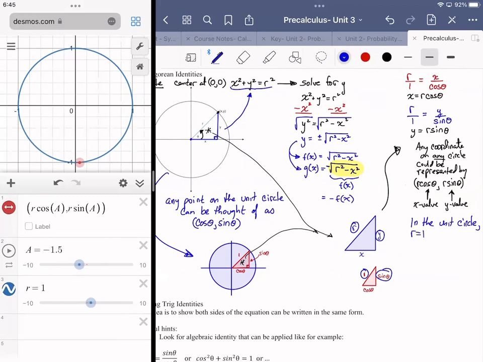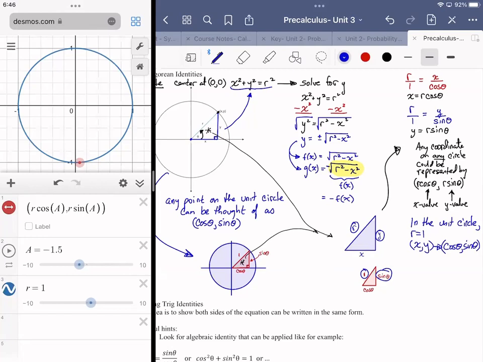Which means that any point can be thought of as x comma y, and that x comma y can be thought of as cosine theta comma sine theta. And that's what I mentioned before.